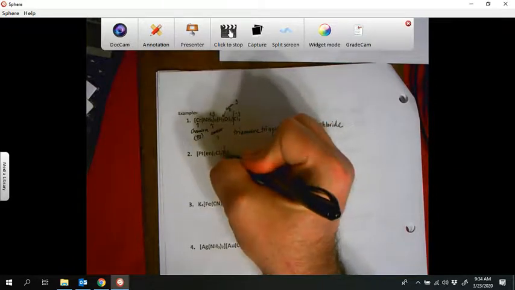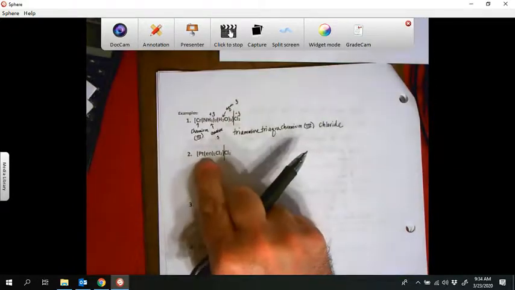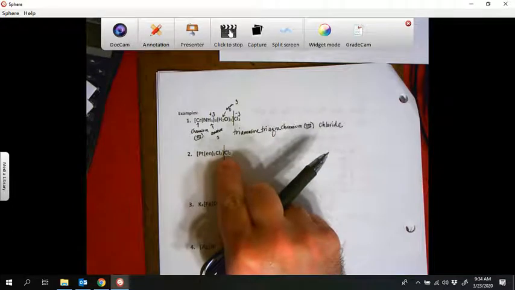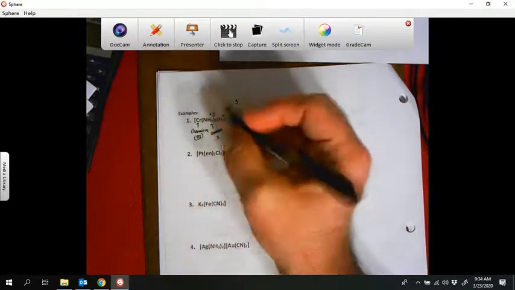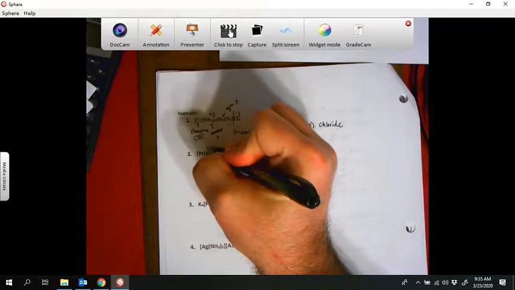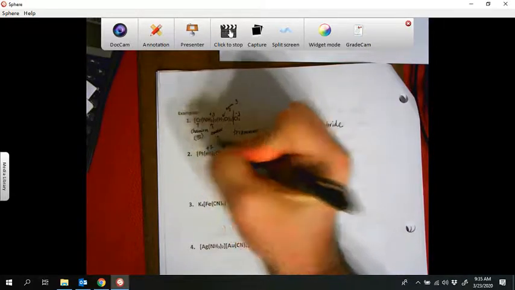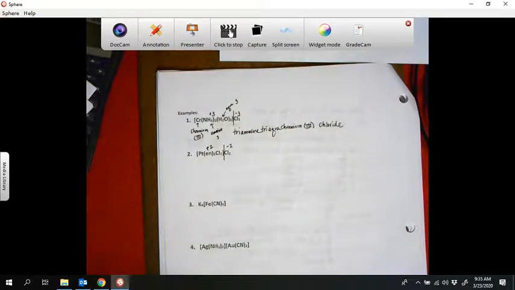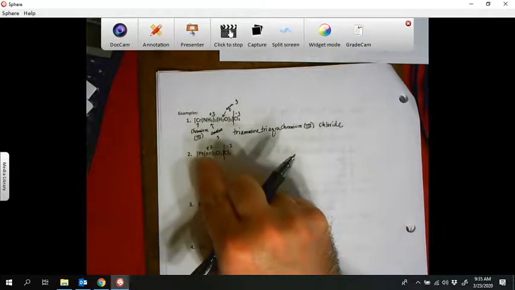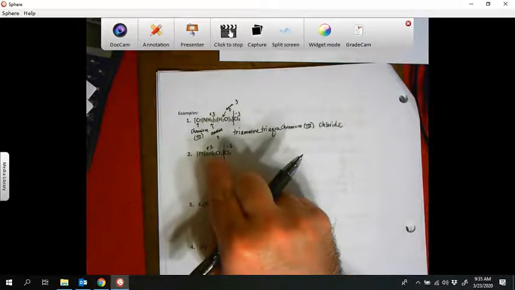Let's look at number 2. Here again, we have a complex ion as the cation, and we have chlorine. We have 2 chlorines, so this is -2 total. The complex ion is going to be +2 total. We have en, ethylene diamine. That one is neutral according to our chart, but we also have chlorine in here.